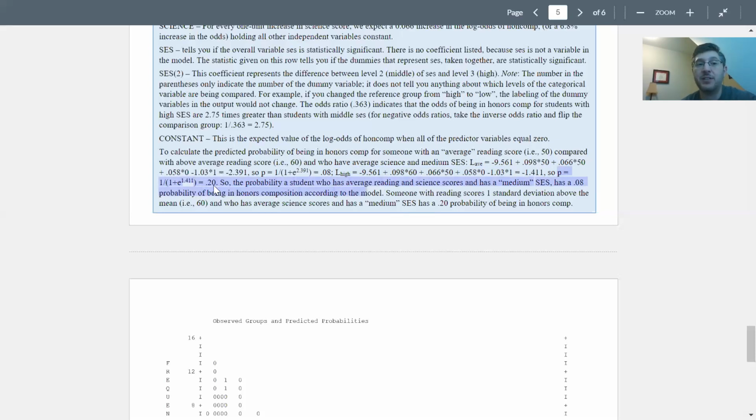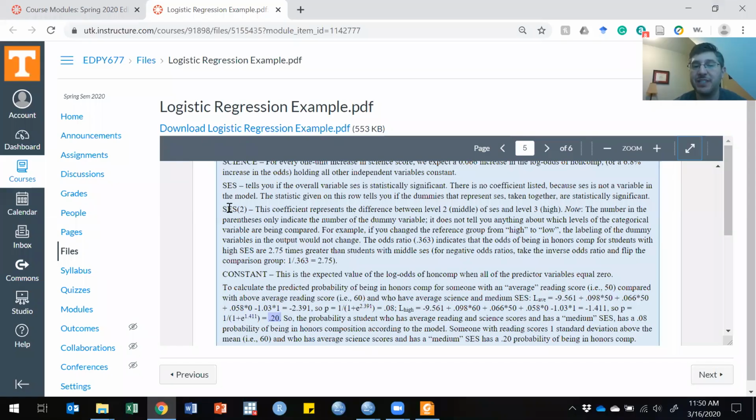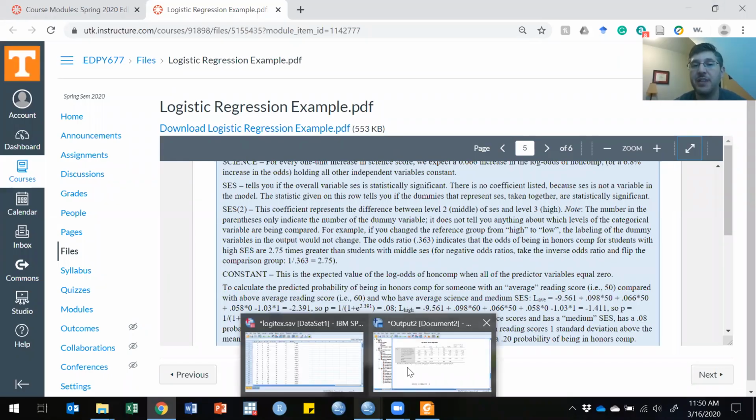So we get 20%. So someone who has a reading score of 1 standard deviation above the mean, but an average science score and a medium SES has a 20% probability of being in honors comp. So you could do this for any hypothetical or strategically important case in your model. That was just one example of how you would go about doing that.